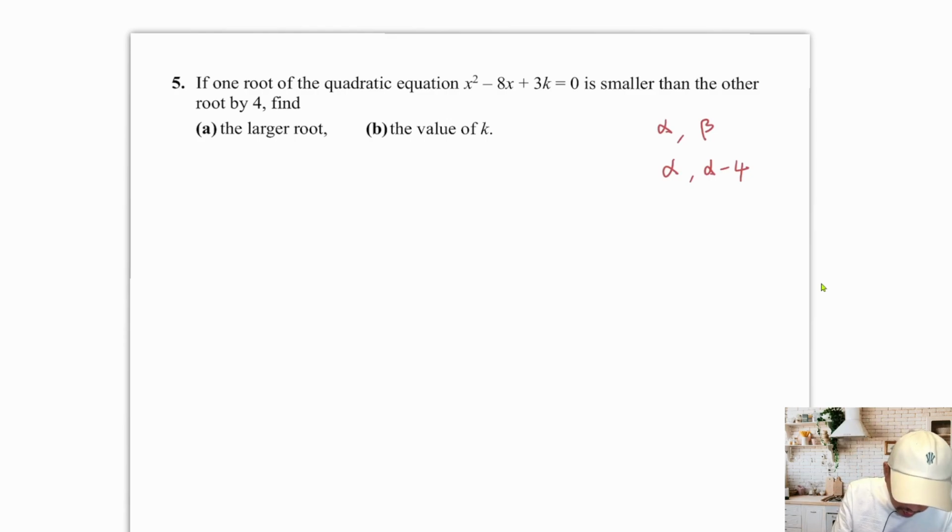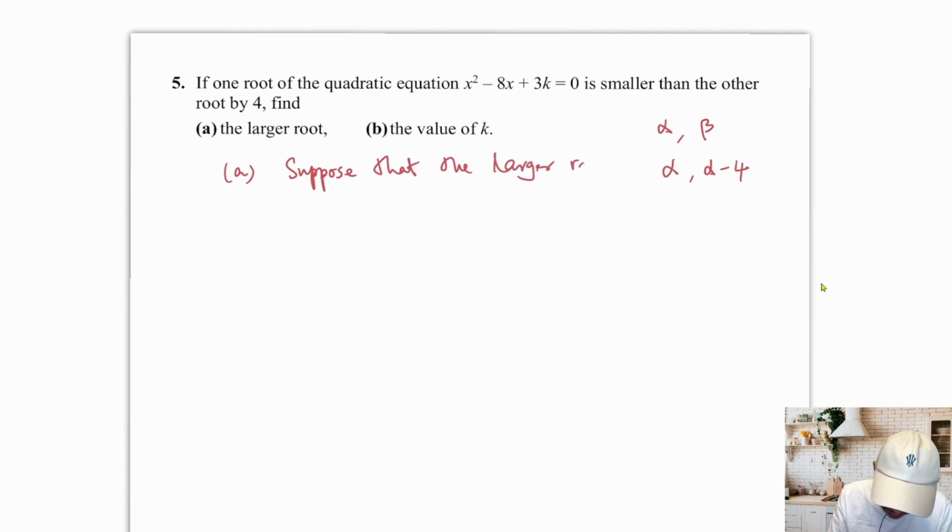Okay, so at the very beginning of part A, we can suppose that the larger root is alpha. Okay, we have two formulas to choose.